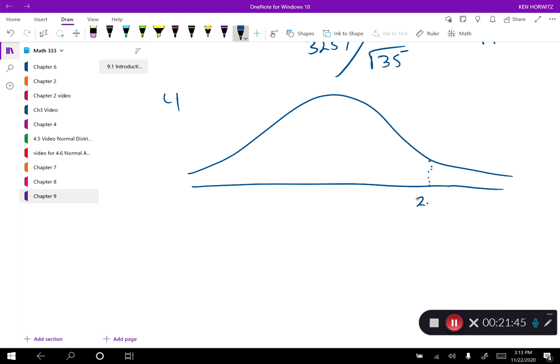So this is 2.58, negative 2.58. And over here we have 1.01. Looks to me like it falls outside the rejection region. So our decision is to not reject our null hypothesis.